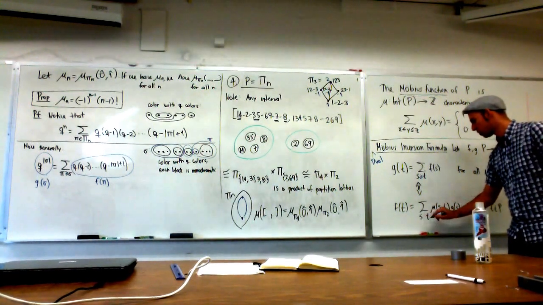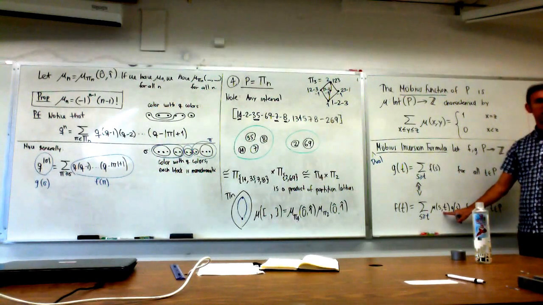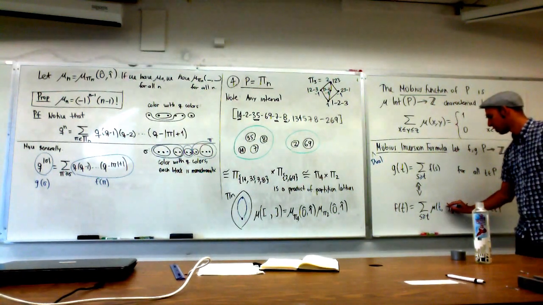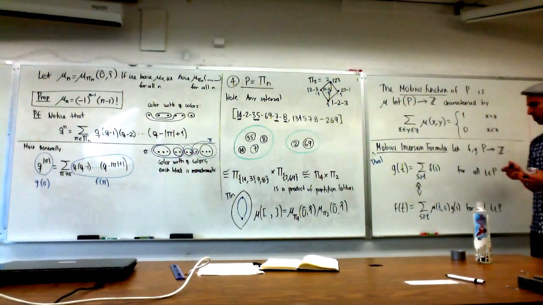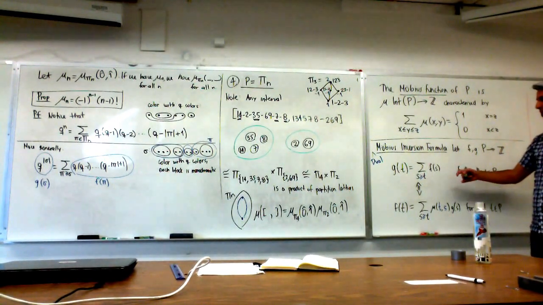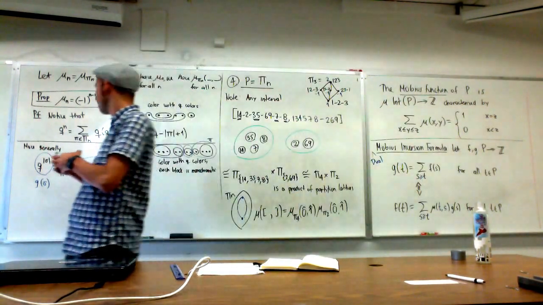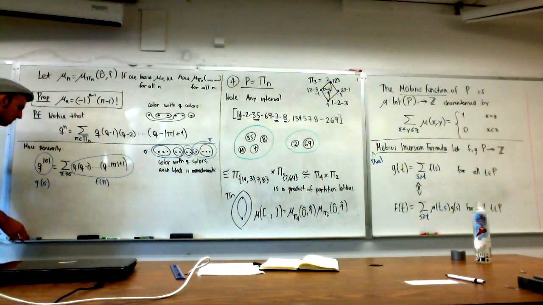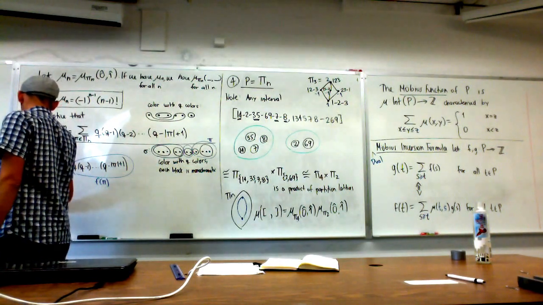There's only one change you have to make, which is that this doesn't make sense anymore because the Moebius function goes from small to big. So all you have to do is switch t. And the proof is the same. These 2 things are essentially the same formula. So I can now apply dual Moebius inversion.